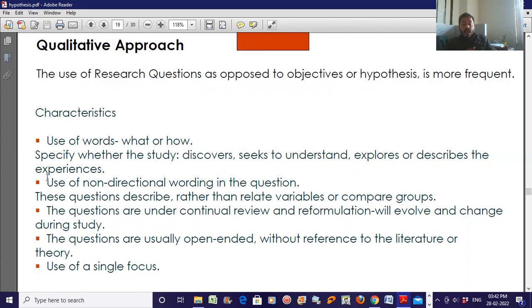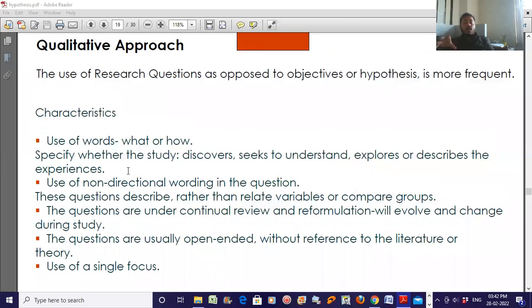The questions are under continual review, and reformulations will evolve and change during the study. Because we are based on the experimental results that might be changing if some parameters are changed. Then the questions are usually open-ended without reference to the literature or theory.